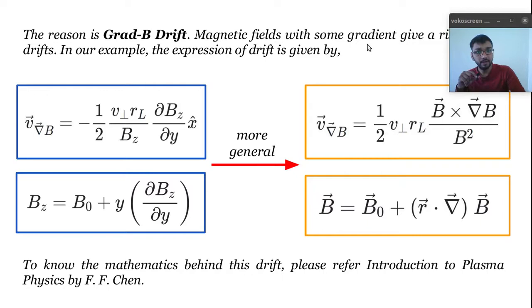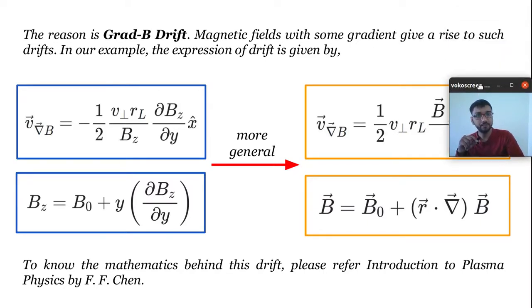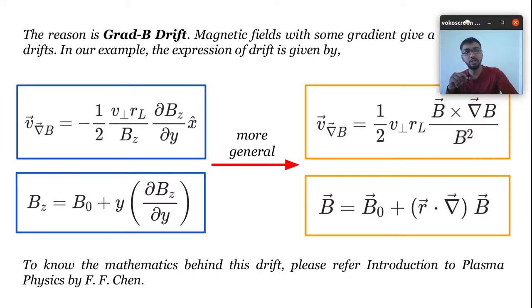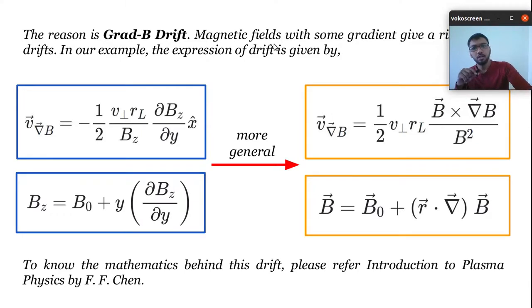A magnetic field with some gradient gives rise to such drifts. The simple expression of the drift, for our simple case, is given by this equation. This velocity is our drift, right?